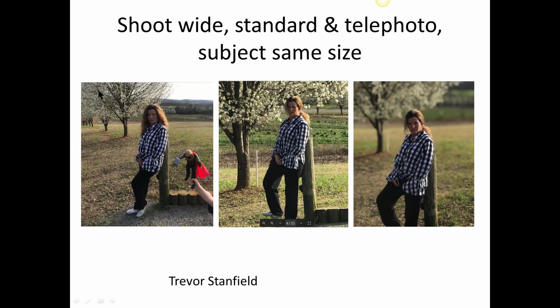So in this one, we are actually seeing more of what's back here than we are in this one. Now, the subject is, again, essentially the same size, but the telephoto effect is pulling, distorting the image towards you, towards the camera. So this is wide, this is standard, and this is telephoto.